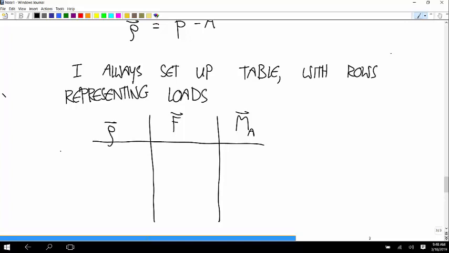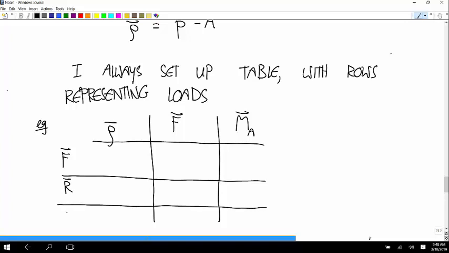So let's say that we have some force. This is just an example, I'm just making these up. Say that we have a force F, so we have a row for that. And we have a force R. And we have a couple that I'm going to call just M. Okay.